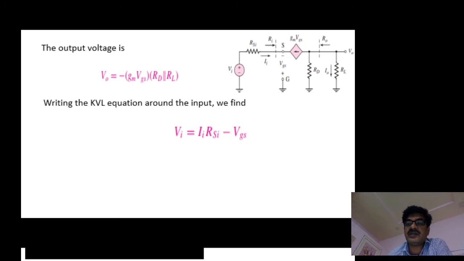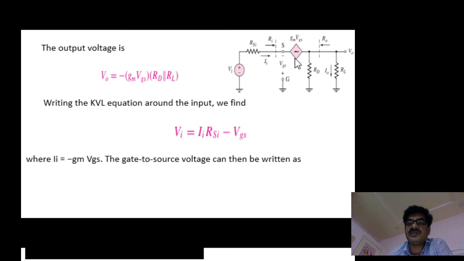And here the current II is minus gm VGS, see this diagram. By substituting that value instead of II, VI becomes like this, and from that if you calculate VGS, it comes to minus VI divided by 1 plus gm RSI.